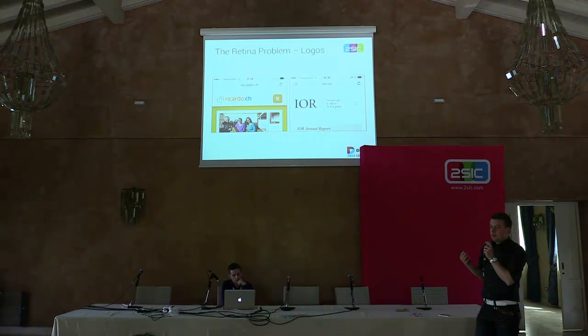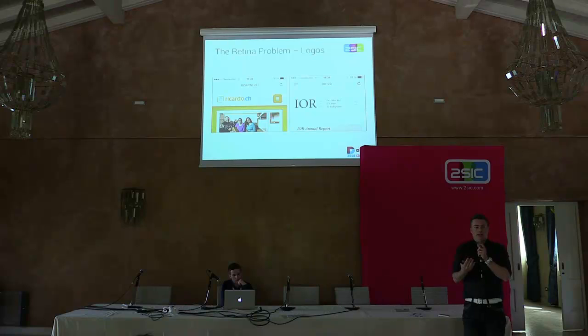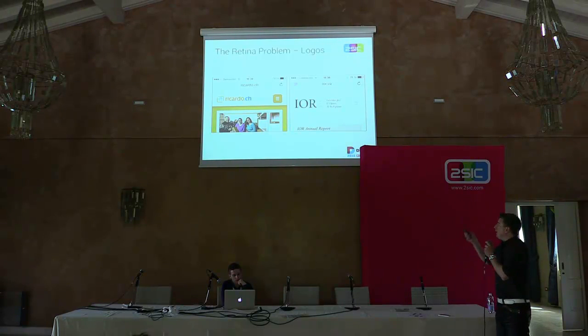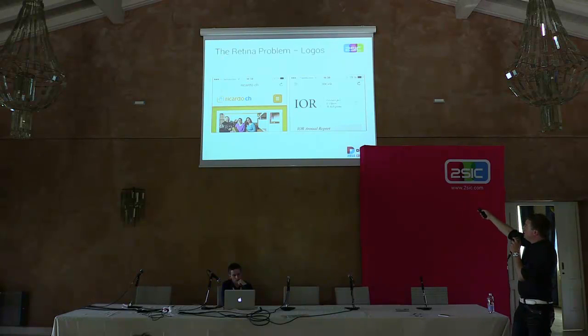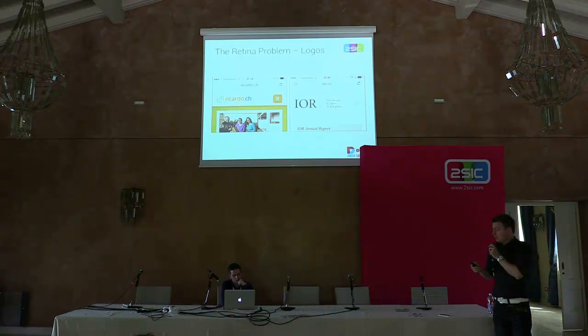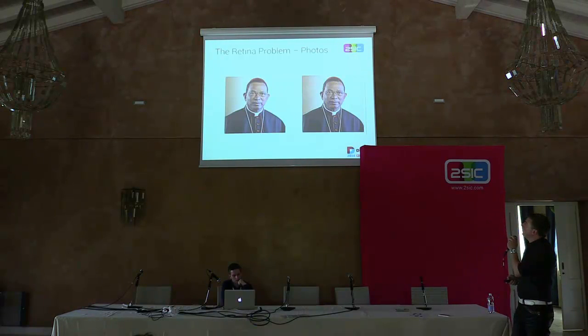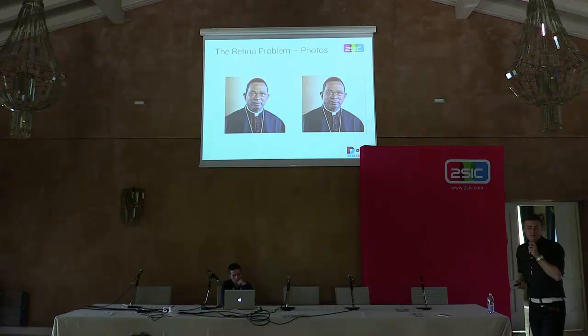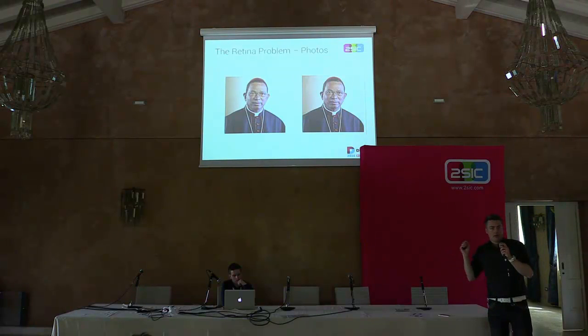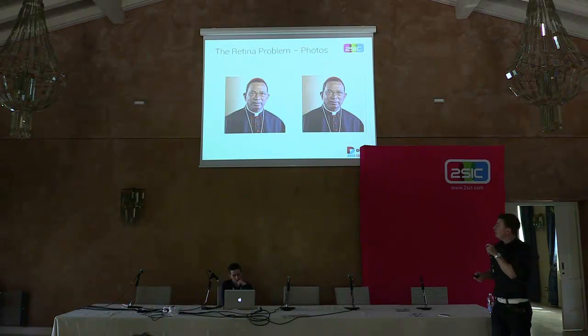People don't usually notice this, and they're not going to complain, but once you see it side by side, it's kind of embarrassing. On the right, for example, we have a Retina image, so even when you create a screenshot and zoom in, it still looks nice. Here, same problem with photos: Retina optimized, not Retina optimized. On these screens, it matters.